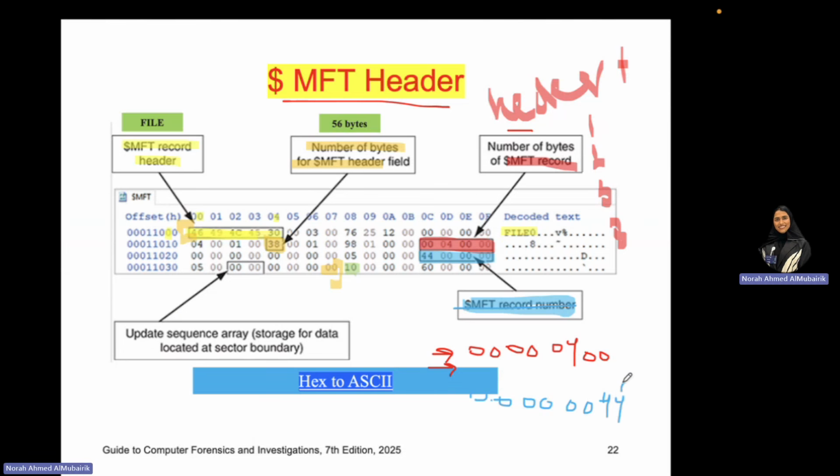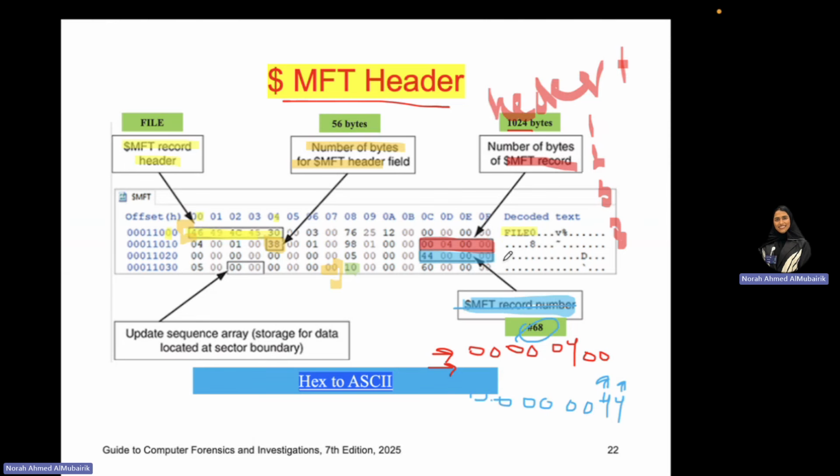And this one, I will multiply by 16 to the power of 0, and this by 16 to the power of 1. Then it will give me the record number, and the record number is actually 68. So the sequence of this file, or the file record number, is 68. This means I have other files rather than this file.